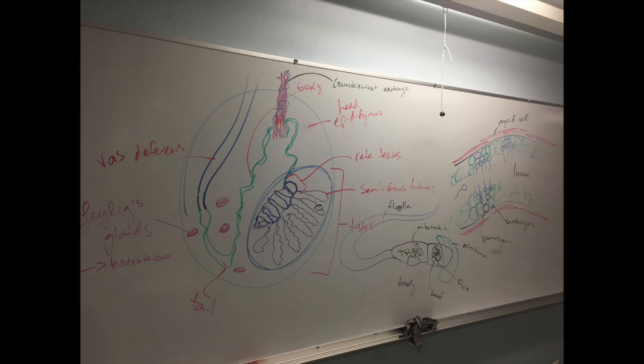we're almost done here. I'm going to zoom in on one of these tubes, and we're going to talk about exactly what happens in the seminiferous tubule. All right, so here's the inside of a seminiferous tubule. On the outside of this guy, you have a thin layer of muscle cells called myoid cells.